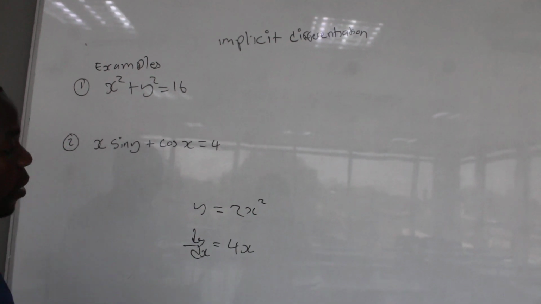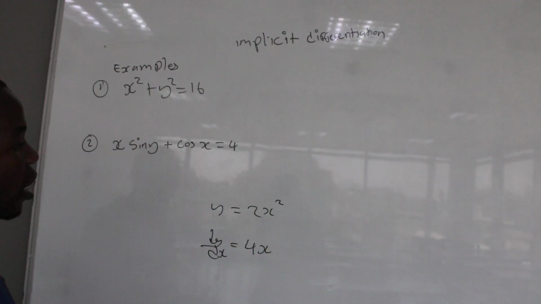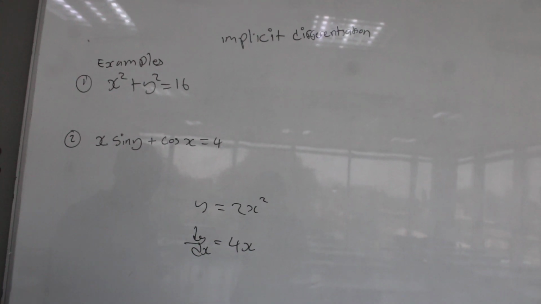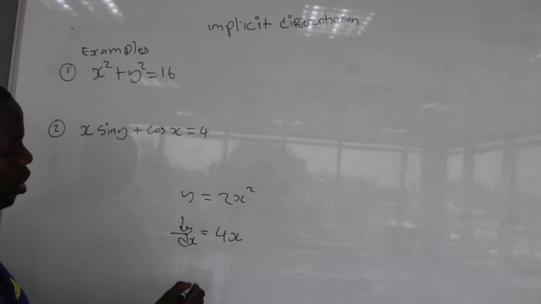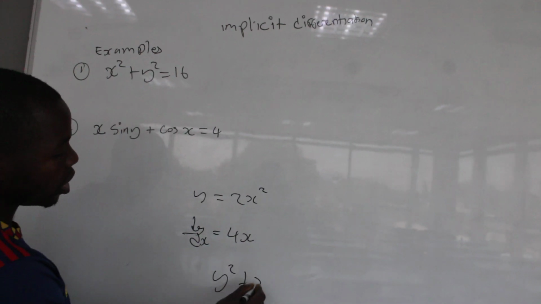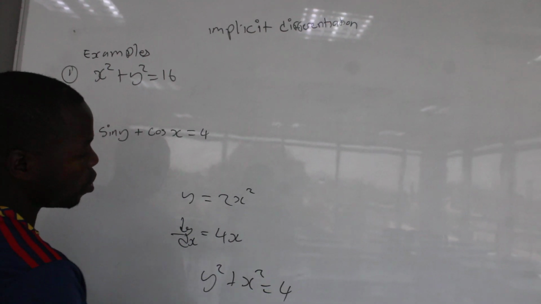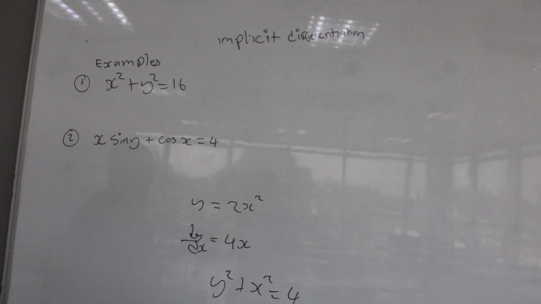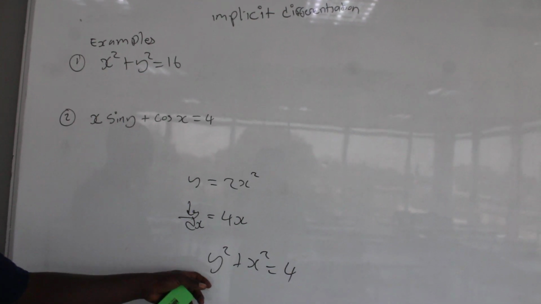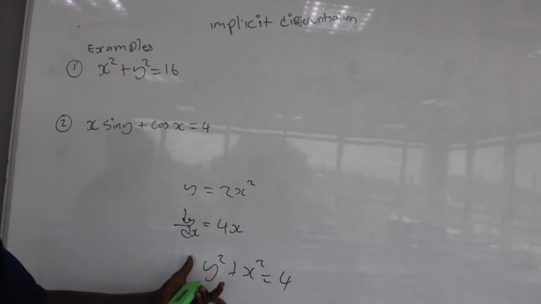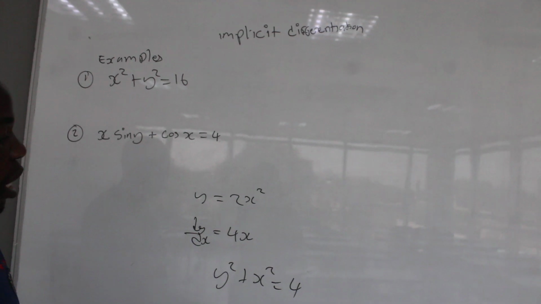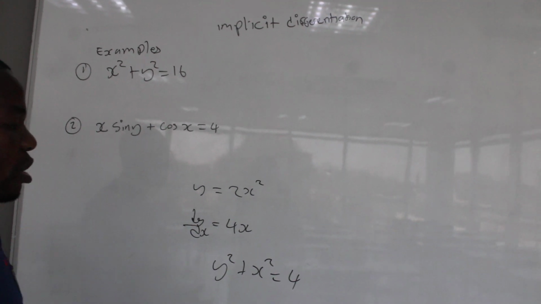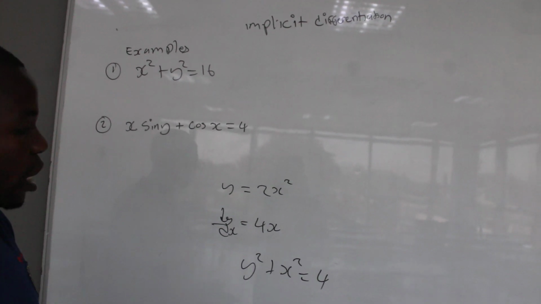Now implicit differentiation is for a situation where y is not isolated. For example, you have y squared plus x squared is equal to 4. Of course, here it will be very difficult to make y the subject of the formula. Even if you can, it is cumbersome.